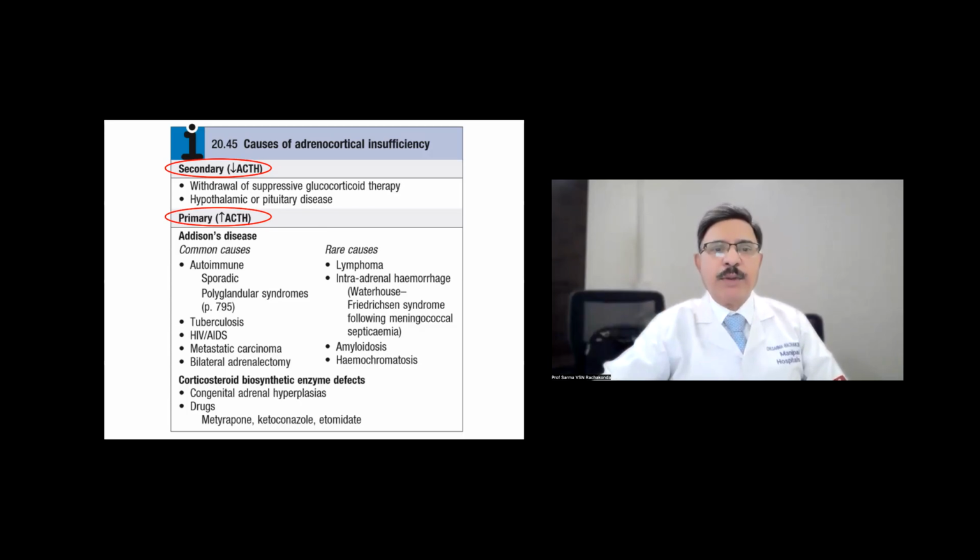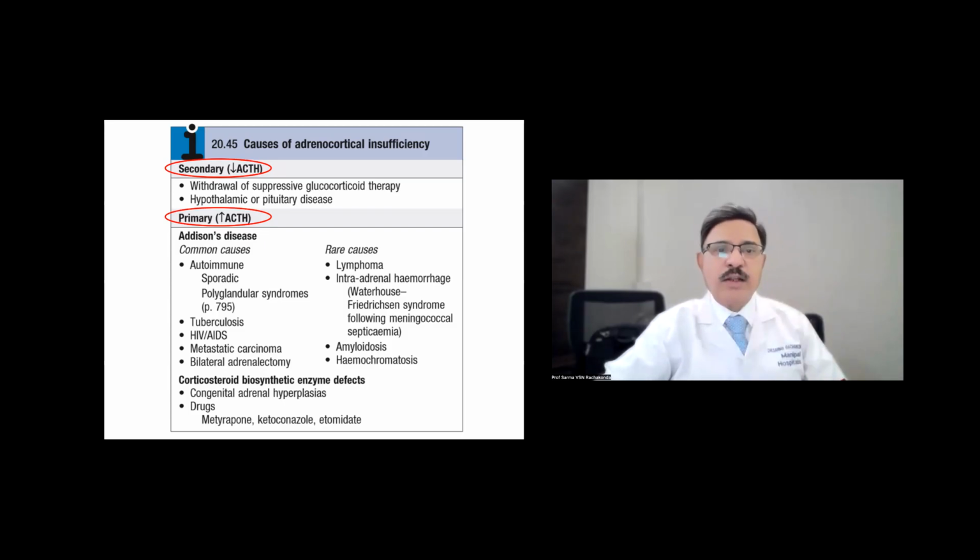In developing countries like ours, tuberculosis of the adrenal is also a very common cause. As students, we have seen some cases of adrenal insufficiency due to adrenal tuberculosis. Today, tuberculosis treatment is so good that it is unlikely to have adrenal tuberculosis. But nonetheless, keep in mind, tuberculosis can be there.